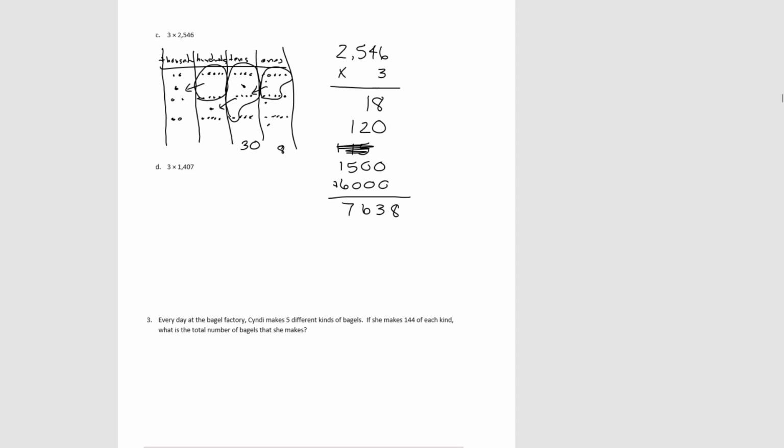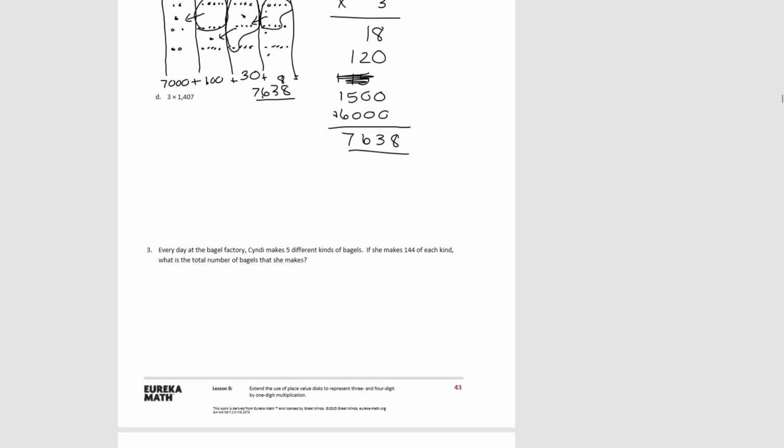And that leaves us with 6 hundreds, which is 600. And finally, we have 1, 2, 3, 4, 5, 6, 7 thousands, which is 7,000. And if we add them together, we get 7,638, the same as we got with our partial products. Okay, pause the video and try D.